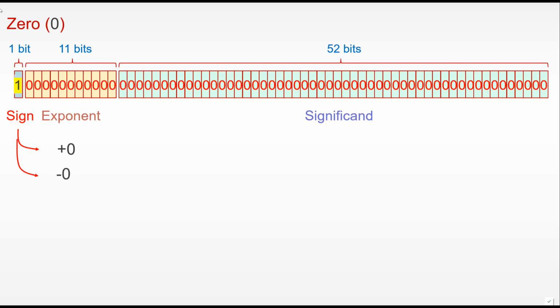This might sound strange, but again, the designers of this system have decided that this is a useful thing to have in a language. So for example, if we run the following code, 1 divided by -10, the answer is -0. On the other hand, if we compare positive 0 to a negative 0, the answer is true.